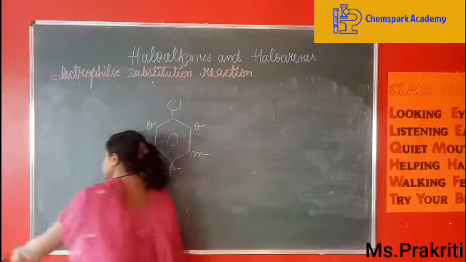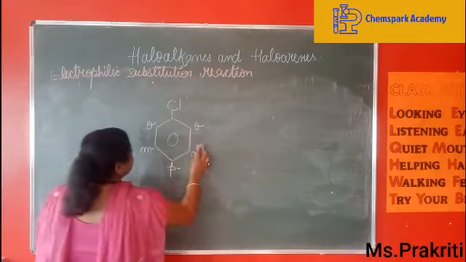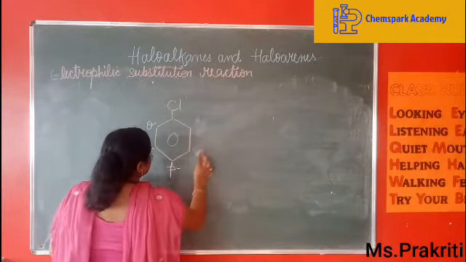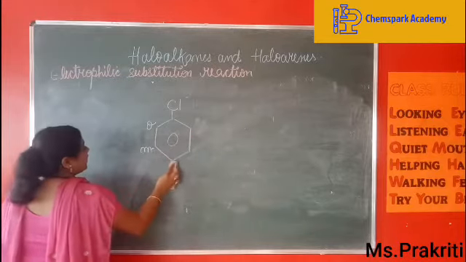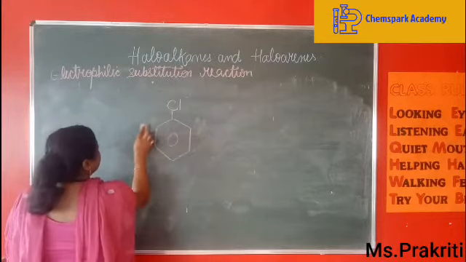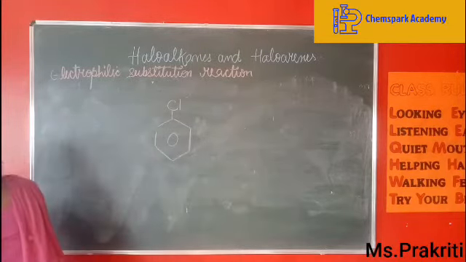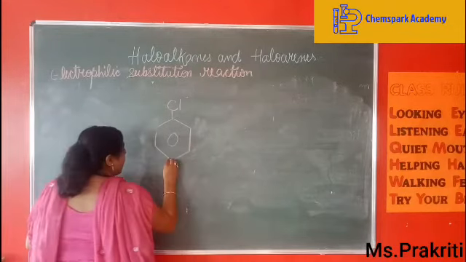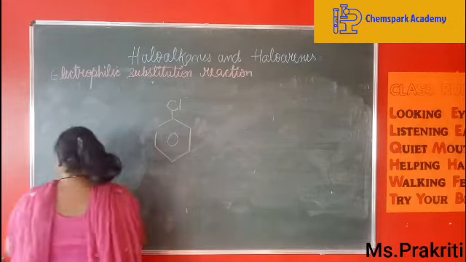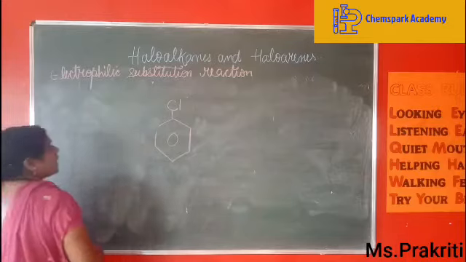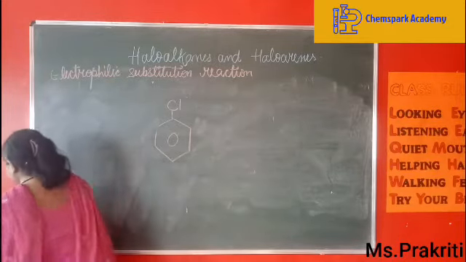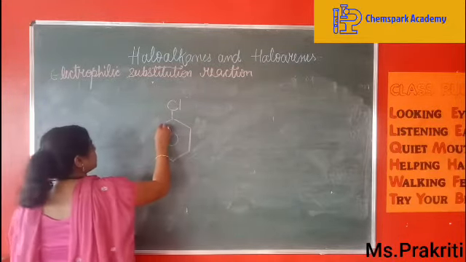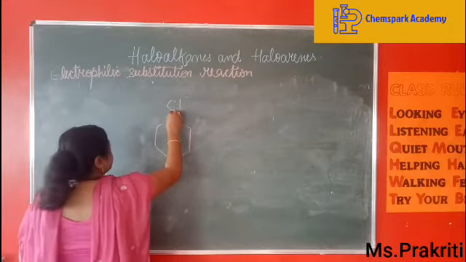So chlorine is ortho and para directing in nature. So whenever there will be any incoming group, it will be directed to the ortho and the para positions. So now let's start with this electrophilic substitution reaction.